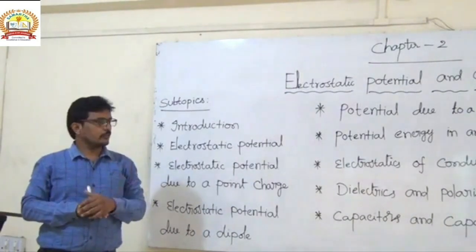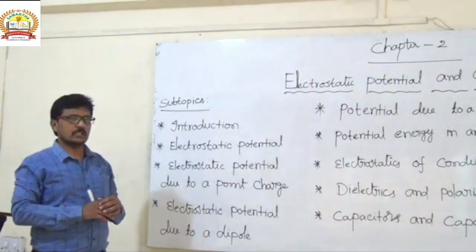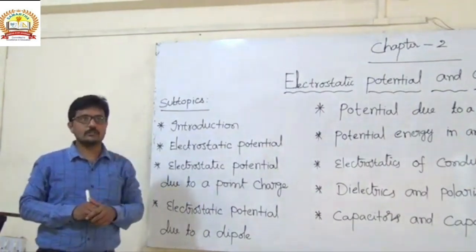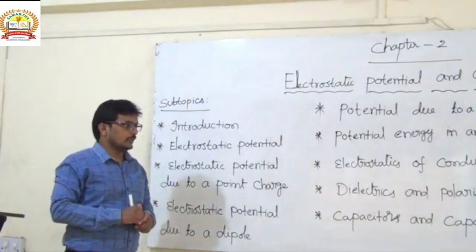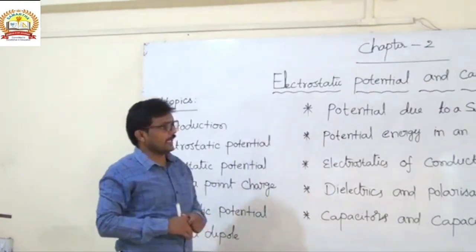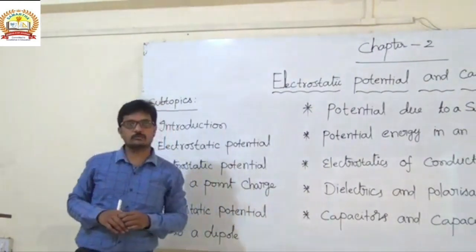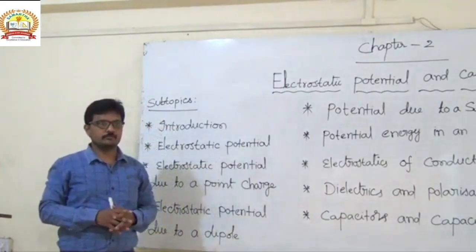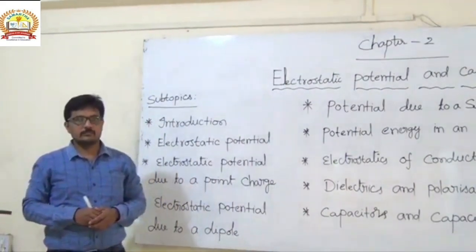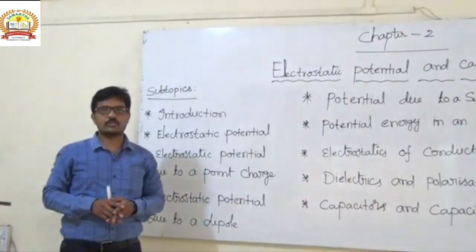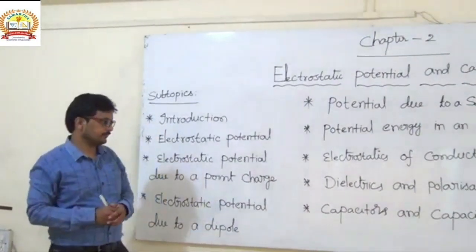So the Coulombic force between two stationary charges is also conservative, like gravitational force. Both of them obey the inverse square law. The main difference is the proportionality constant.